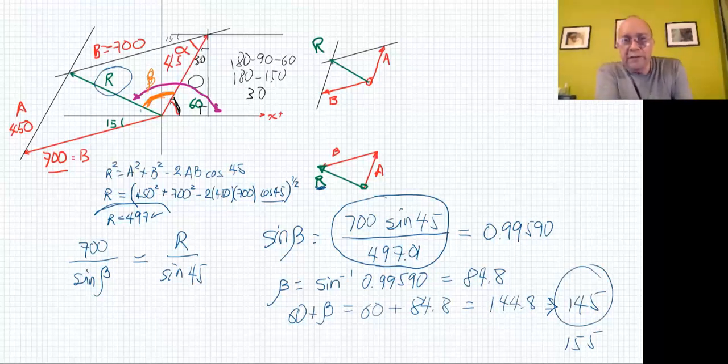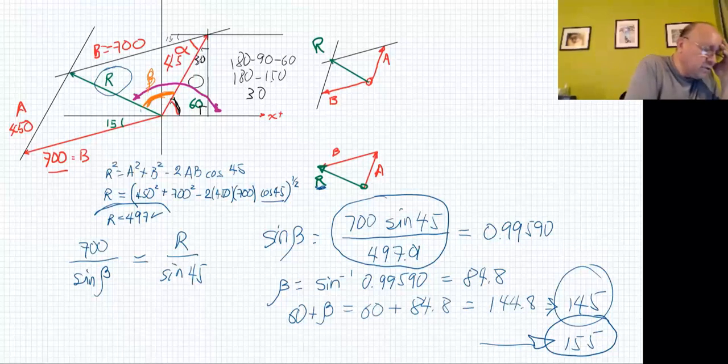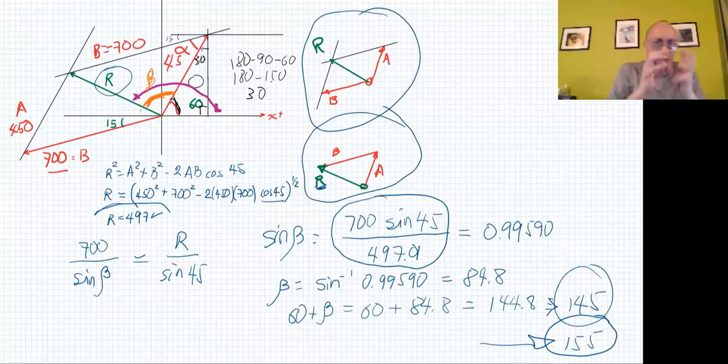Anybody got 155? Nobody? This is the actual answer, 155. What did we do wrong here? What do you think we did wrong? If you watch the video and follow, you get the triangle, making your graph.